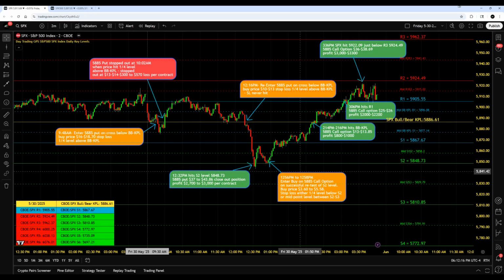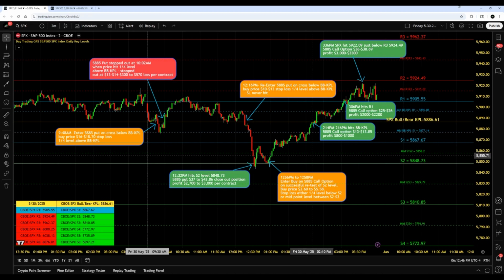That's primarily based on the 58.85 call options not really being that expensive right here, this being an alternative stop loss. If you had instead opted for, say, the 58.50 call options, then you probably would have opted for the quarter level stop loss, because they would have been more expensive.